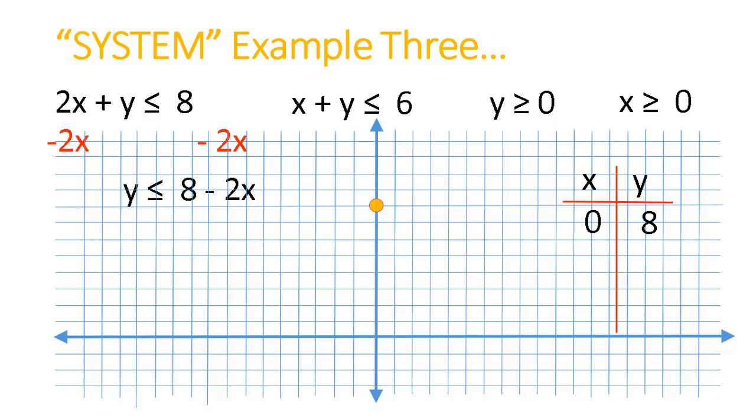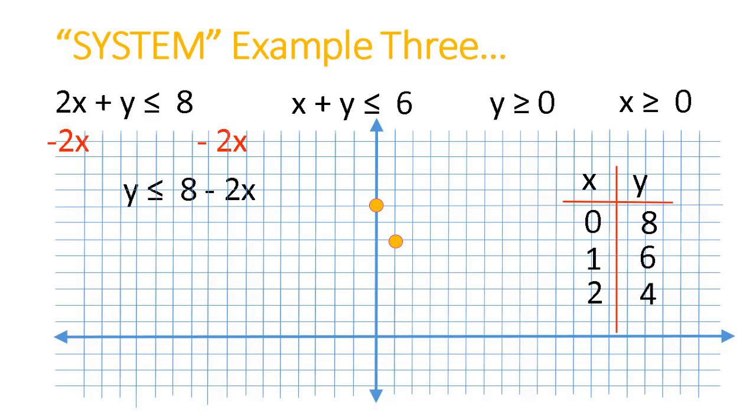And there she blows. Now let's put in 1. And 8 minus 2 times 1 is the same as 8 minus 2, which is 6. So the point 1, 6: over 1 and up 6 from the origin. Finally, if I put in 2, 8 minus 2 times 2 is 8 minus 4, which is 4.